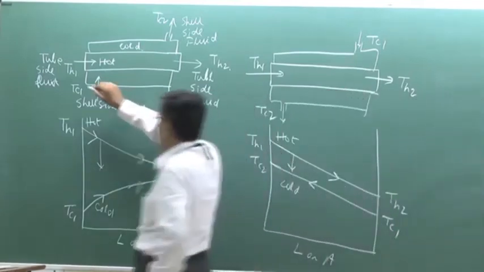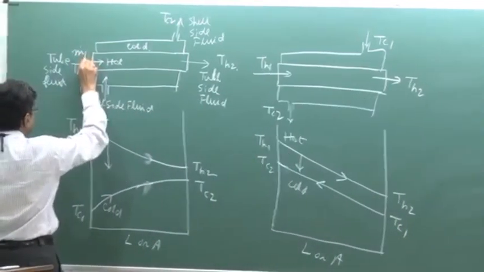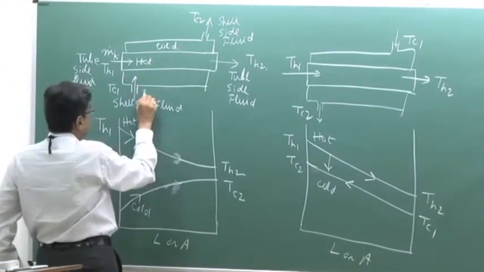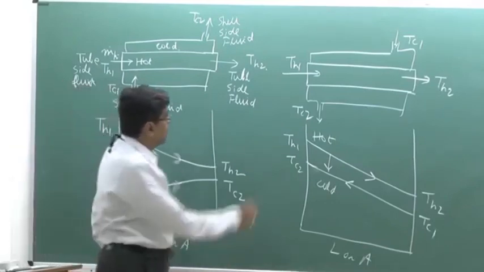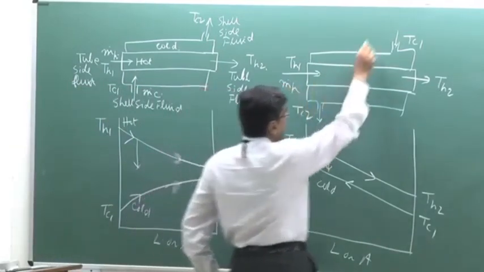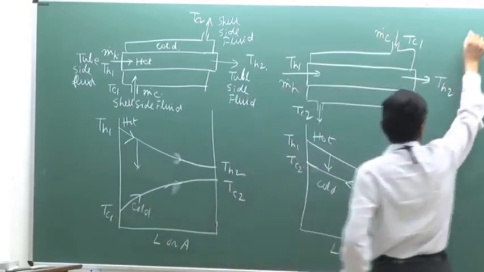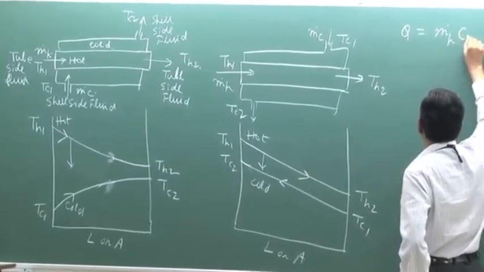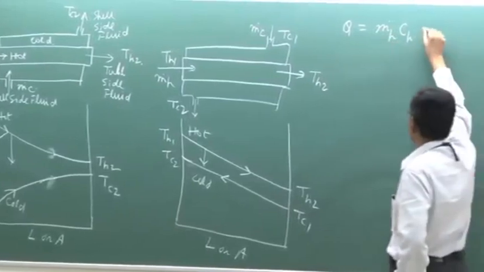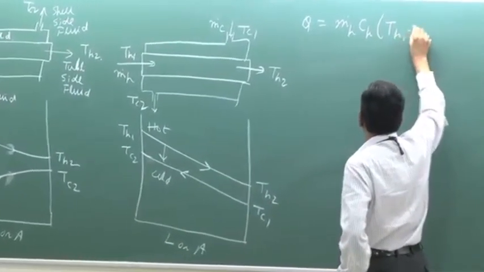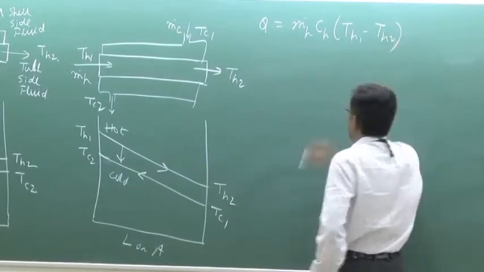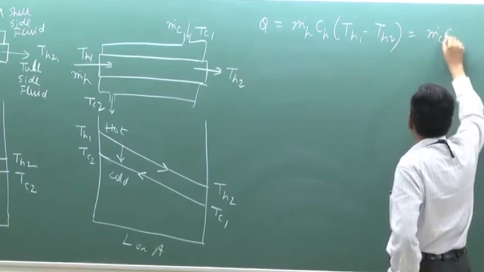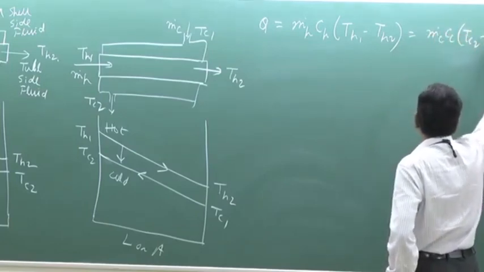If I consider m dot H as the mass flow rate of the hot fluid and m dot C as the mass flow rate of the cold fluid, with this nomenclature the total heat transferred between the hot and cold, if C stands for the specific heat at constant pressure, is m dot H Cp,H times TH1 minus TH2, that is the heat given by the hot fluid, equals m dot C Cp,C times TC2 minus TC1.